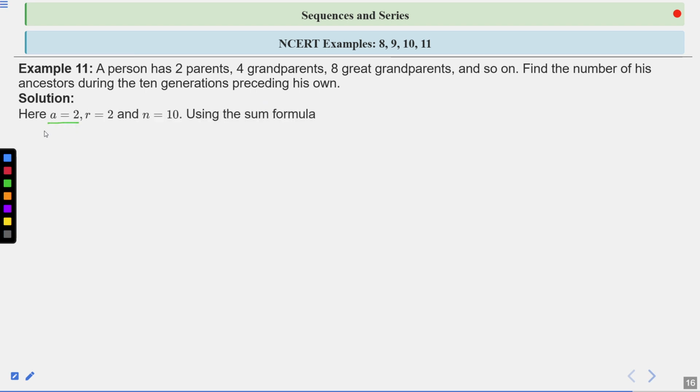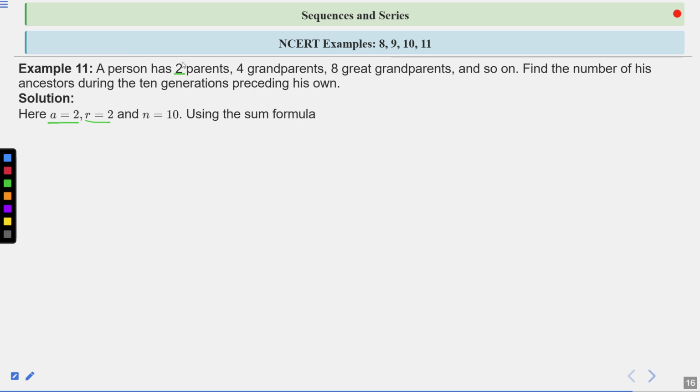Here my GP starts with this term 2. So a is going to be 2. Now common ratio, meaning for next generation we are having a jump of 2, meaning twice. We are getting the double every time. Each generation we are getting double the number.